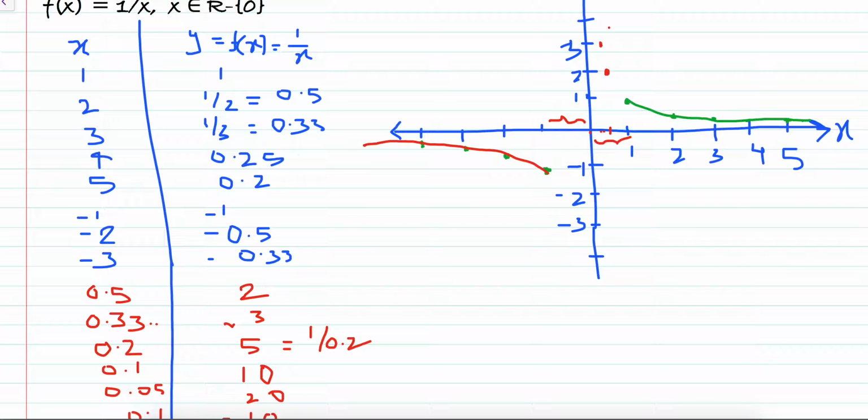Similarly for negative values, minus 0.5 it's minus 2. For minus 0.2 it will be somewhere here. It will be minus 5, that is here. So we join this.